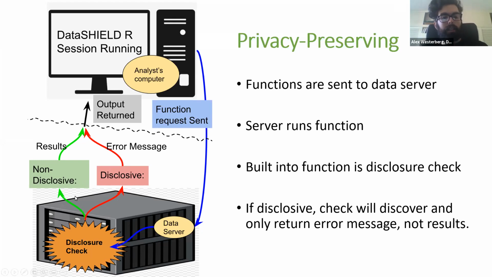Based on the check, it will either be decided to be non-disclosive, in which case you can have the results, that's the green arrow chain, or if it is disclosive, then that will be blocked. Instead, you'll get an error message coming back to you as the output. And based on the error message, you can change what you're doing to hopefully get results of the function without an error.